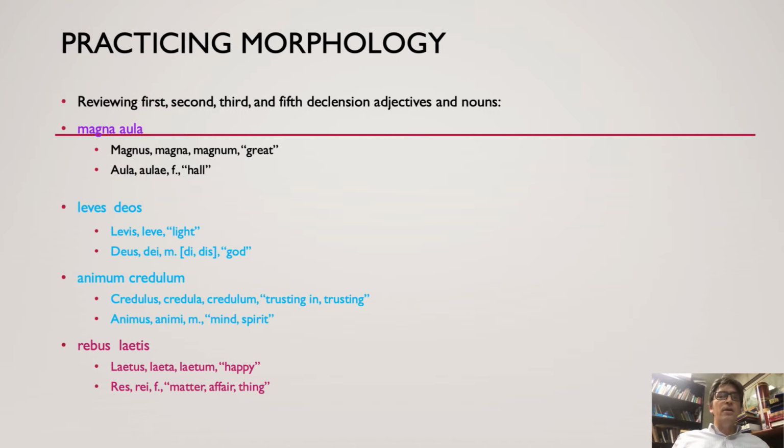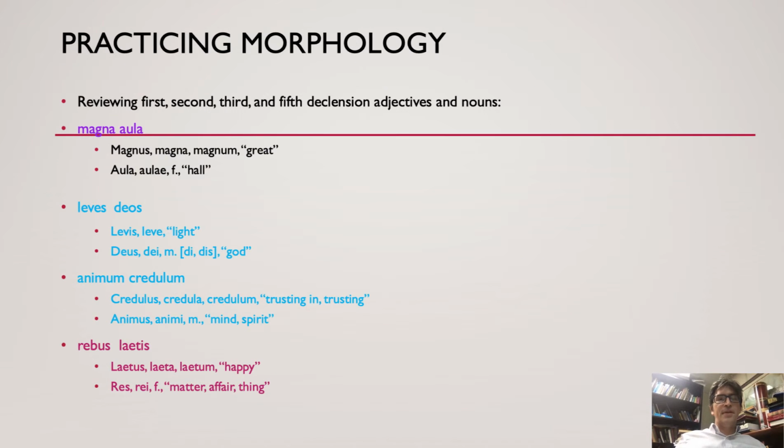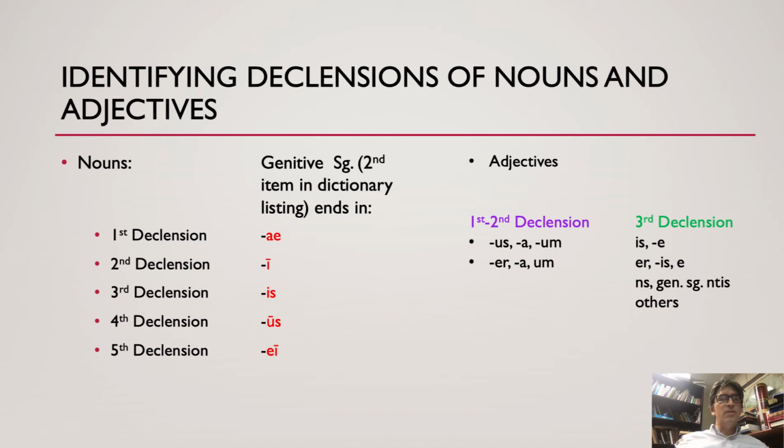So we look up aula in our dictionary, and hopefully after a little bit of searching, we find aula, aulae, feminine. And you'll notice that second thing the dictionary gives us, aulae, tells us that this noun, again if we go back to our next slide, is first declension. So we look down below, we have deus, dei, masculine, the noun of our second noun adjective phrase, and that I in the genitive singular tells us that this is in fact a second declension noun.